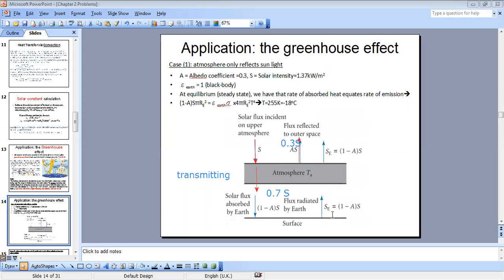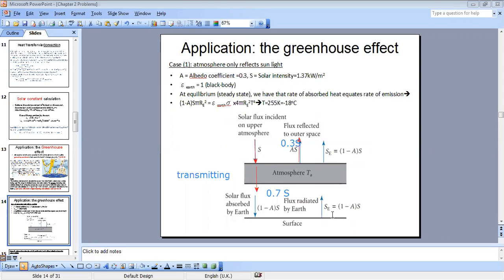But this absorption will lead to a certain temperature increase, and at steady state conditions we will calculate the temperature of the surface. If it were transmitted without absorption, I would have a lower temperature of the Earth.